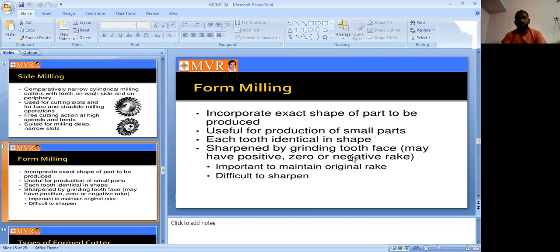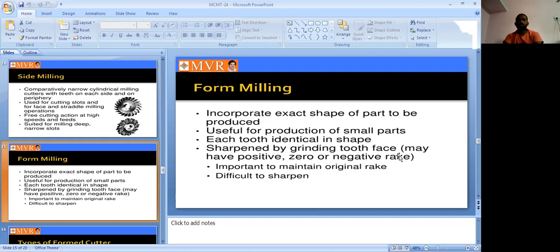Okay. Each tooth is identical in shape. In the cutter we have teeth, and each and every tooth is identical in shape. We can see this in this kind of form milling cutter. It is sharpened by grinding the tooth face.